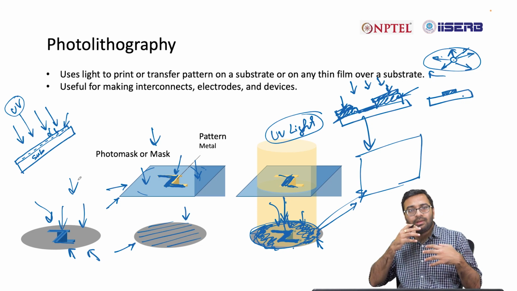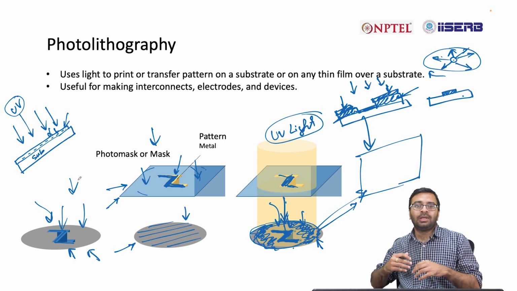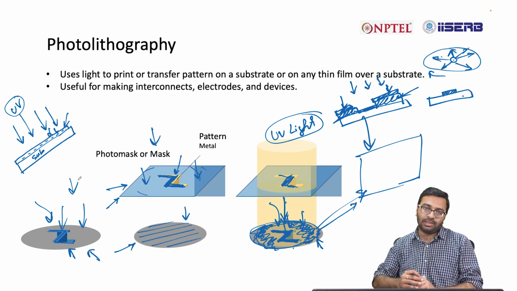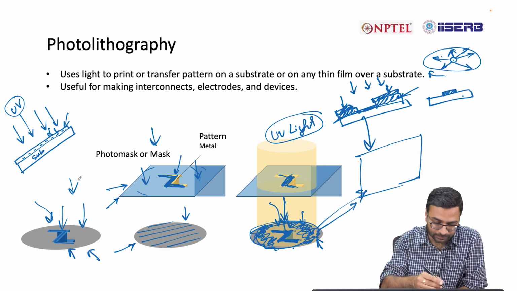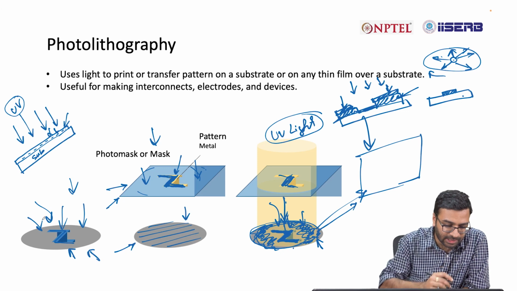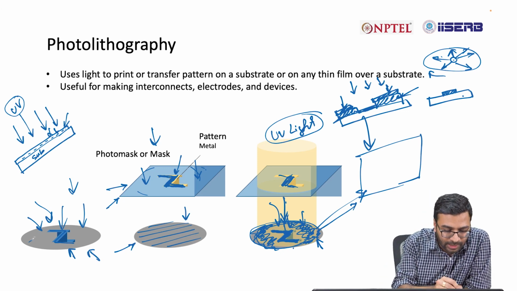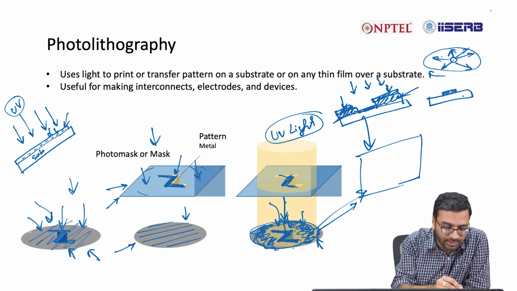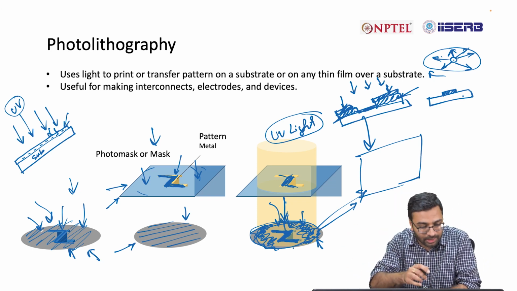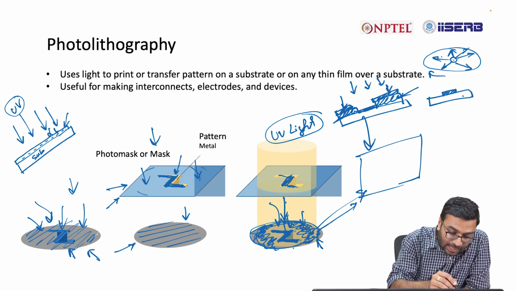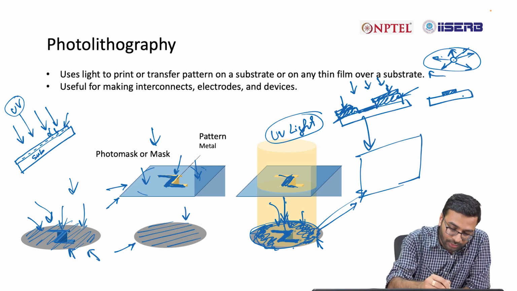Now, say in your device fabrication, there are multiple patterns associated with it. So, what you have to do, for example, just I am giving an example, you have to make a Z pattern, you have to again coat this with certain, say, polymer, or you have to deposit, say, semiconducting material on top of it, and then you also need a top electrode somewhere here.